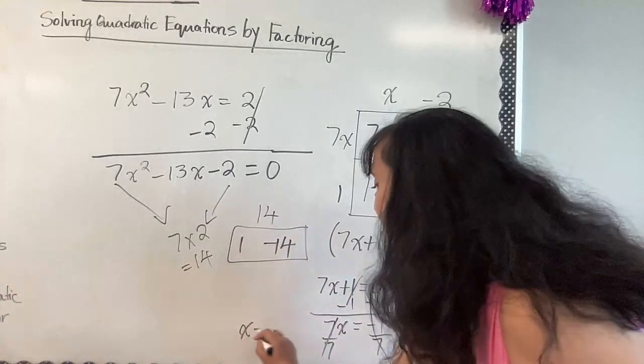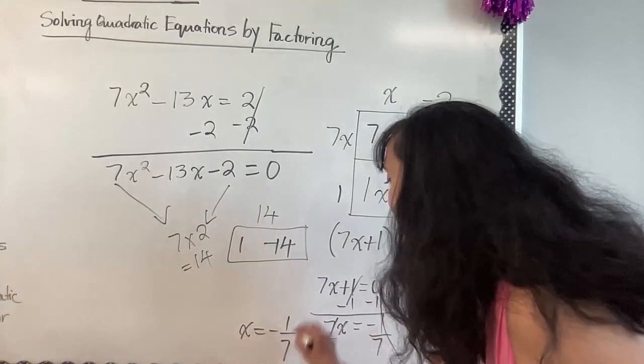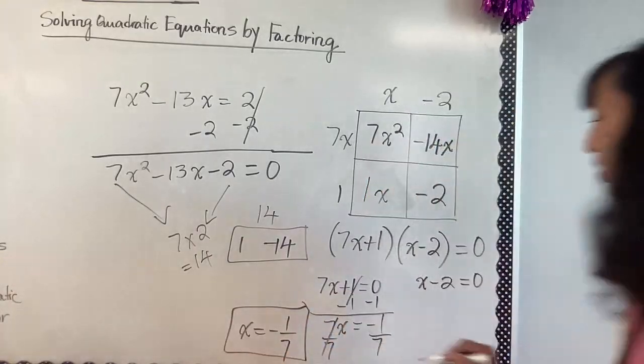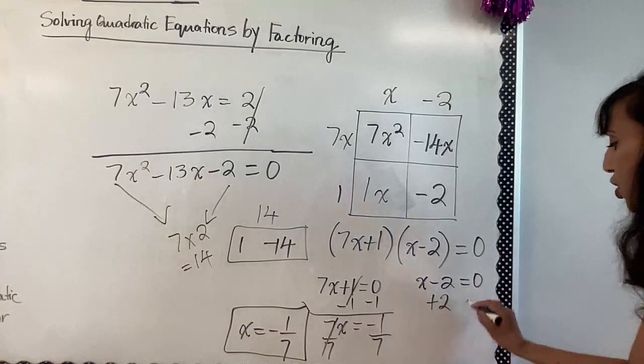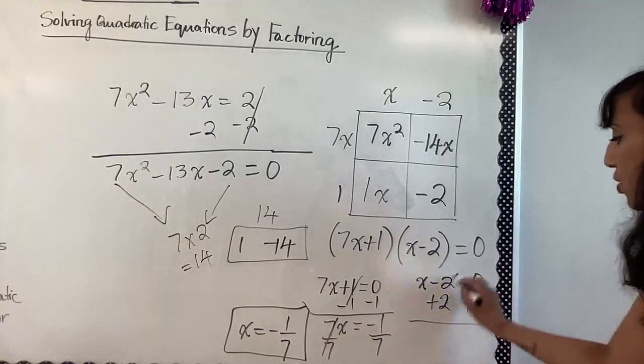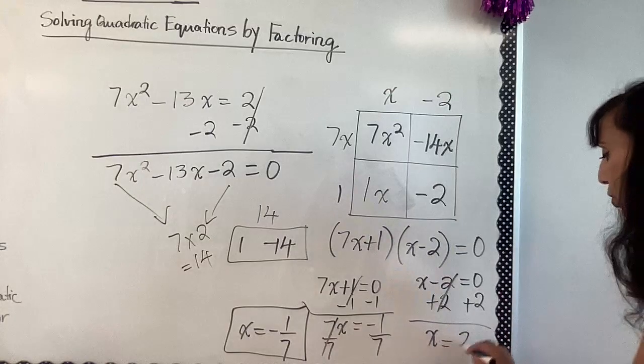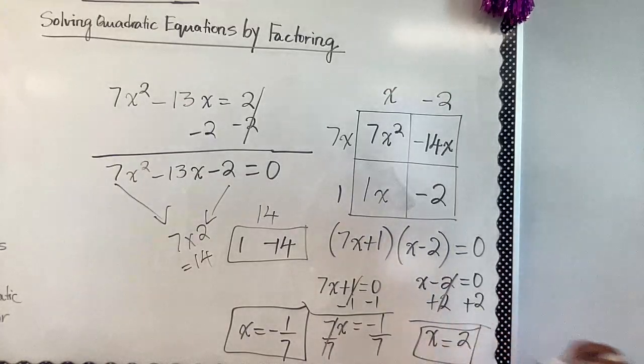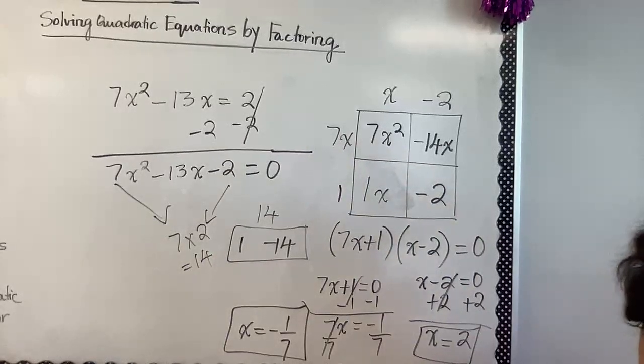So x is equal to negative 1/7. Here is one solution. The other one, it's plus 2, and so I'm left with x is equal to 2, and here is my second solution to this problem. Okay, and that's how we solve these trinomials.